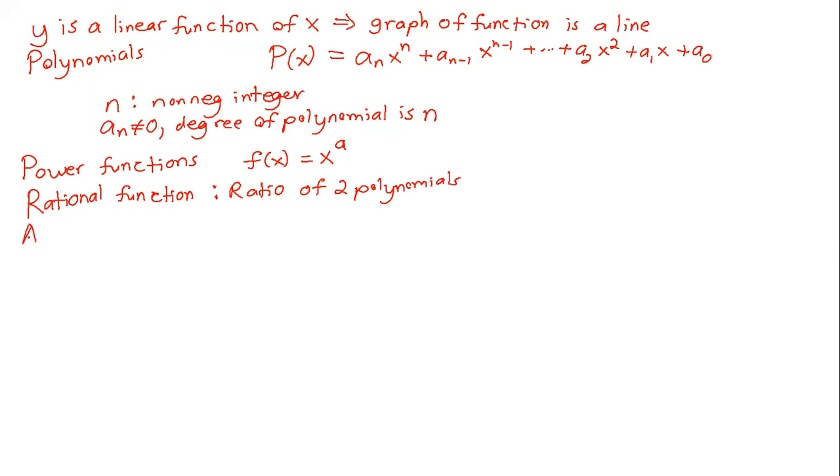We can have algebraic functions, and these are made by doing algebraic operations on polynomials. So for example, adding, subtracting, multiplying, dividing, taking roots of polynomials. So something like f of x equals root of x squared plus 1. You can see I took the square root here of a polynomial. That means this is now an algebraic function.